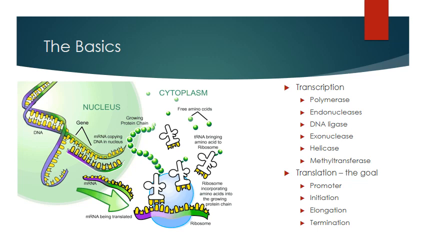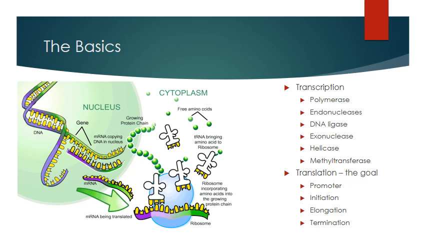Okay, it's a feedback mechanism. Also remember that, as is shown in the little cartoon there, it takes 3 nucleotides to code for any single amino acid, and that'll occur at the ribosome during translation, which is really the goal for this whole process.